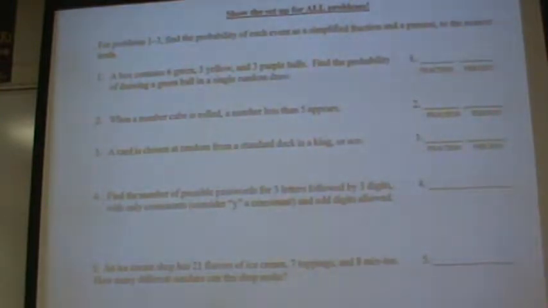So for number 1, it says a box contains 6 green, 5 yellow, and 3 purple balls. Find the probability of drawing a green ball in a single random draw. So first you're going to want to find the total number that we have in the box. So we have 6 green plus 5 yellow plus 3 purple.